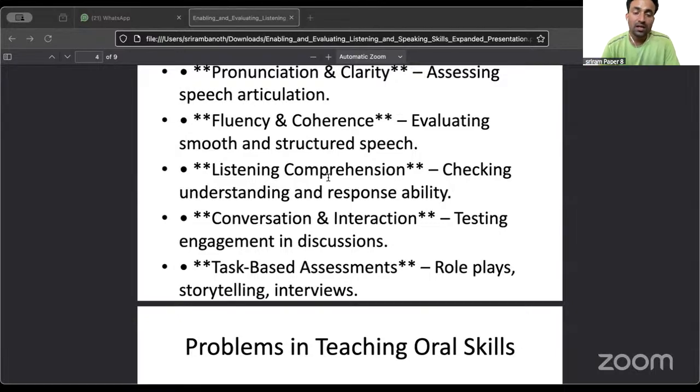Conversation and interaction, testing engagement in discussions, task-based engagements, role plays and storytelling and interviews.